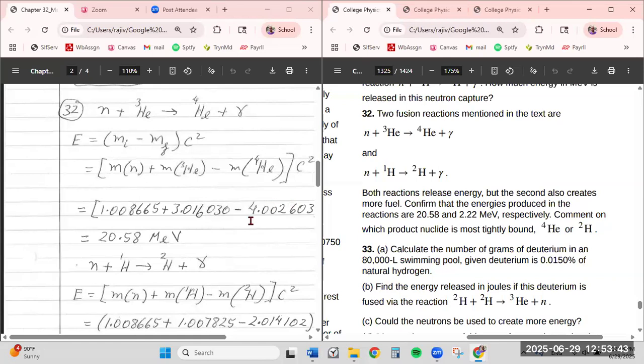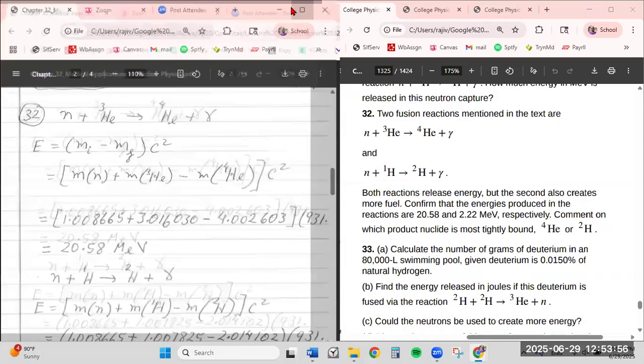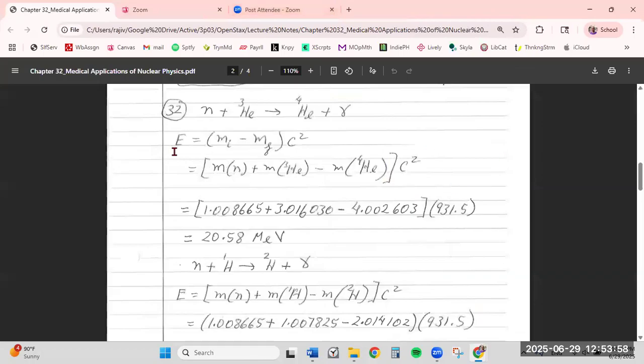Okay, so let's first calculate the energy. Here's the reaction, neutron plus helium-3. That's the first one in the problem. So you write down E equals the change in mass times c squared, because that's where the energy is being released from.